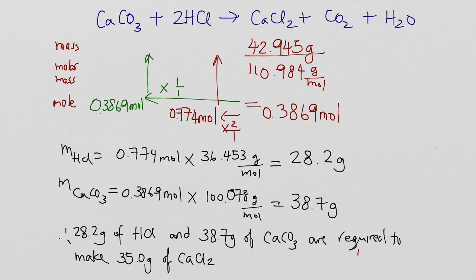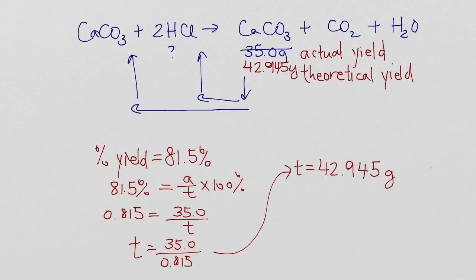So what do we do in this question? We wrote the balanced chemical formula. We then figured out that the number they gave us that they need to make in the lab is the actual yield.